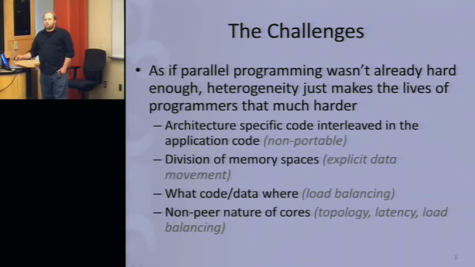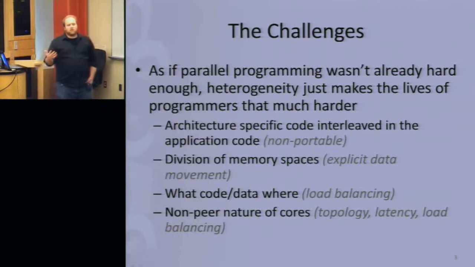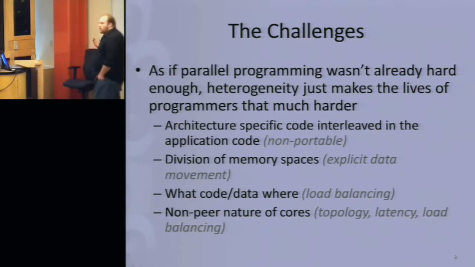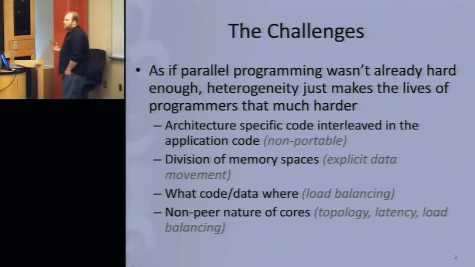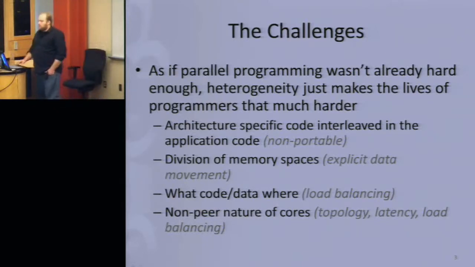How do you load balance your workload across these things? And there are various effects relating to the non-pure nature of the cores. For example, on a Cell processor, if you slow down the PPE, you're going to slow down all of the related SPEs because they rely heavily on the PPE being very reactive to their needs. Less so the case for GPGPUs, but in the same vein, you have to make sure you're paying attention to the GPGPU to keep it busy.